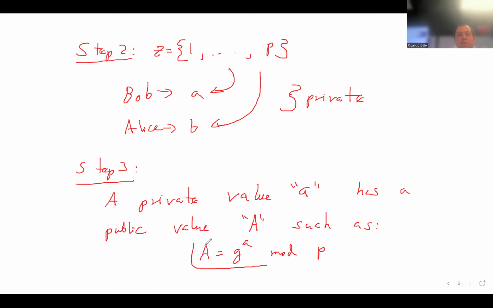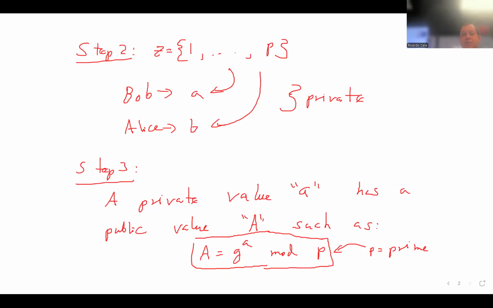Do you guys see that? So essentially, this is how they can compute the values, a public A, given the G and the P that they have agreed on and the A that they selected and the B. All right, so a private value A has a public value uppercase A, such as this expression here, where the P is the selected prime number.